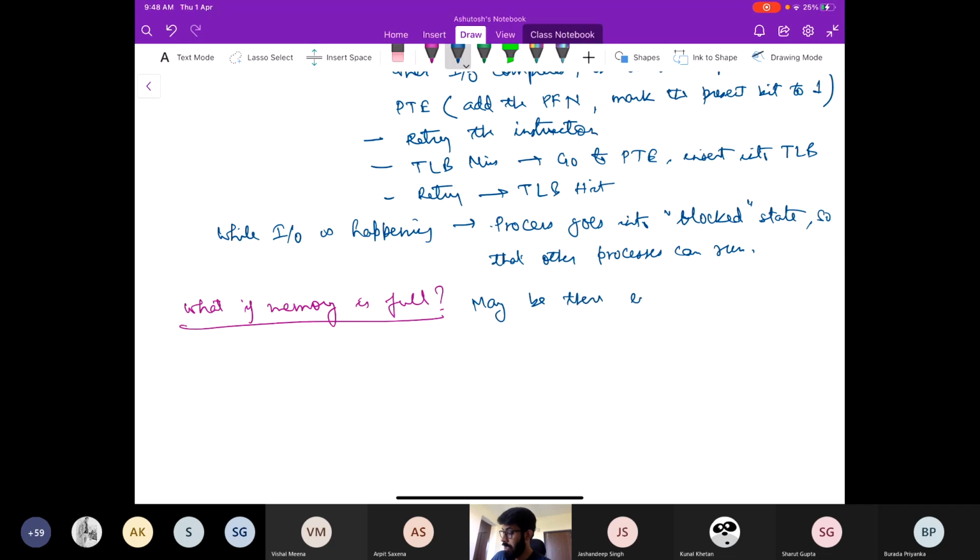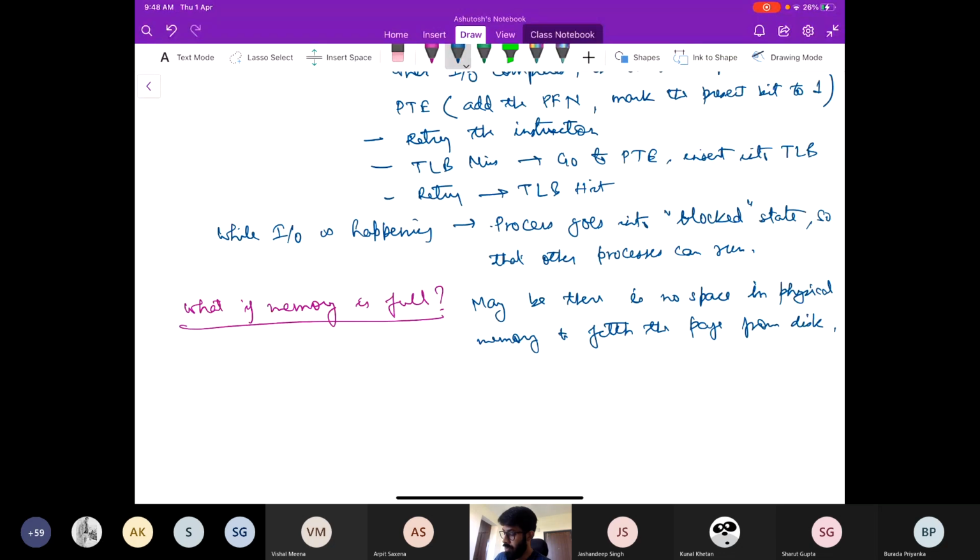Maybe there is no space in physical memory to fetch the page from disk.